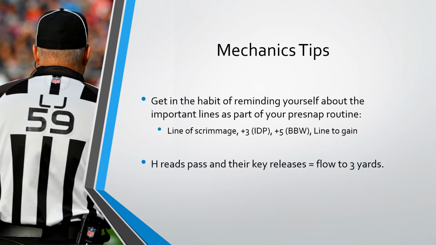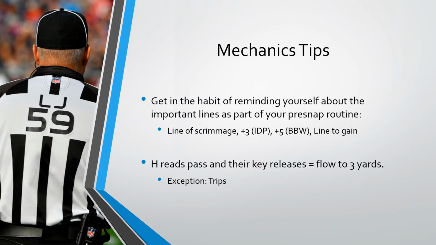Generally speaking, and these mechanics now apply to my group, do whatever your supervisor wants you to do. But if I'm the head line judge and I read pass and my key releases, I generally try to flow to about 3 yards so I'm in the right position. Either if I am the backside official, I am standing on that 3 yard threshold so I can more easily judge whether a lineman has crossed my face or not. Or if I'm the play side official, then the line judge can try to use me as a visual reference point.